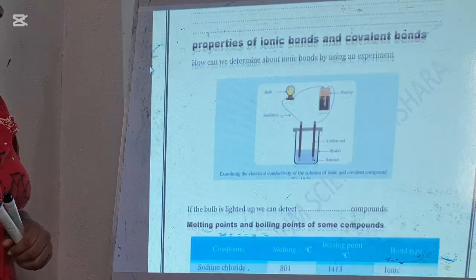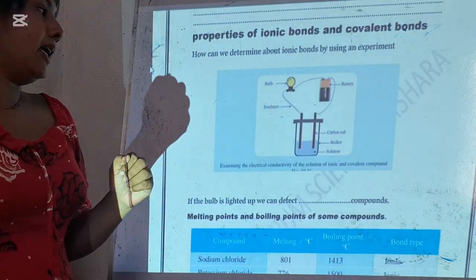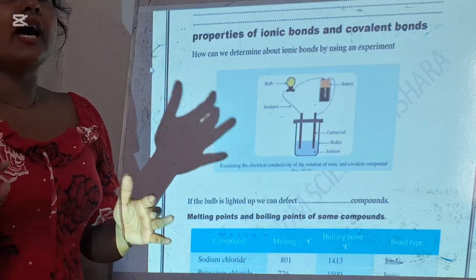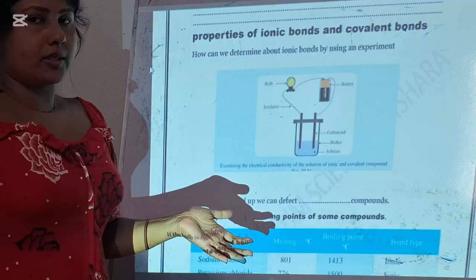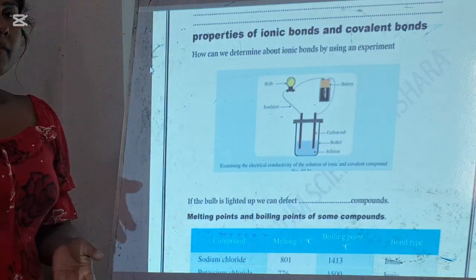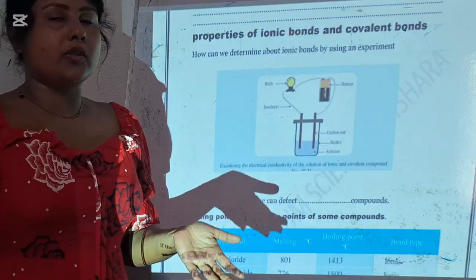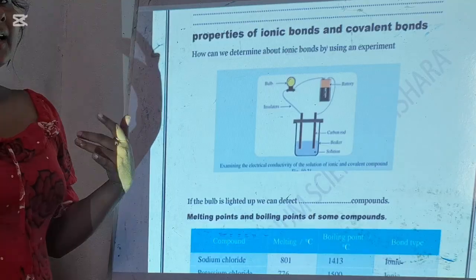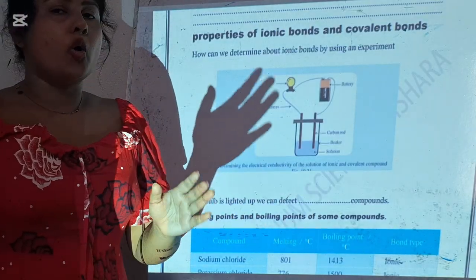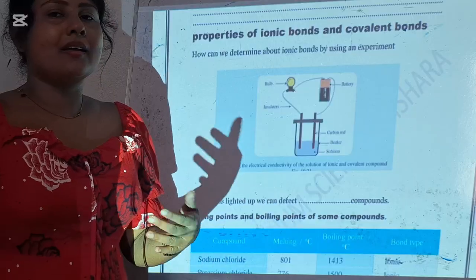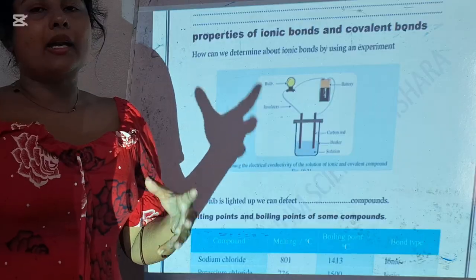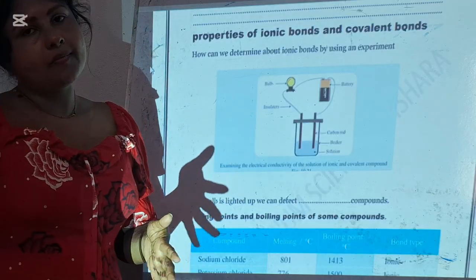That is about how you can identify ionic bonds, how you can differentiate ionic bonds and covalent bonds. කොහොමද අපි අඳුරගන්නේ මේ compounds වල ionic bonds ද covalent bonds ද තියෙන්නේ කියලා. Normally, a non-metal with a metal makes ionic bonds, while non-metals with non-metals make covalent bonds.